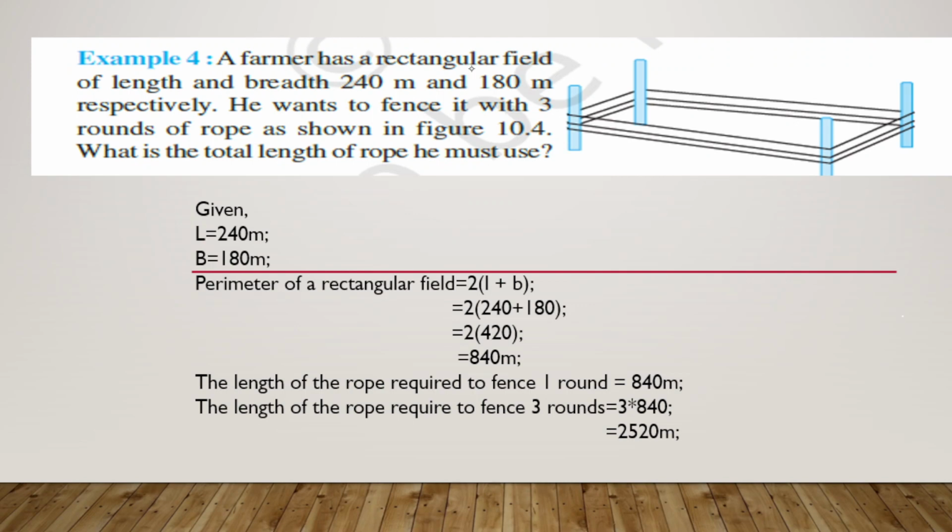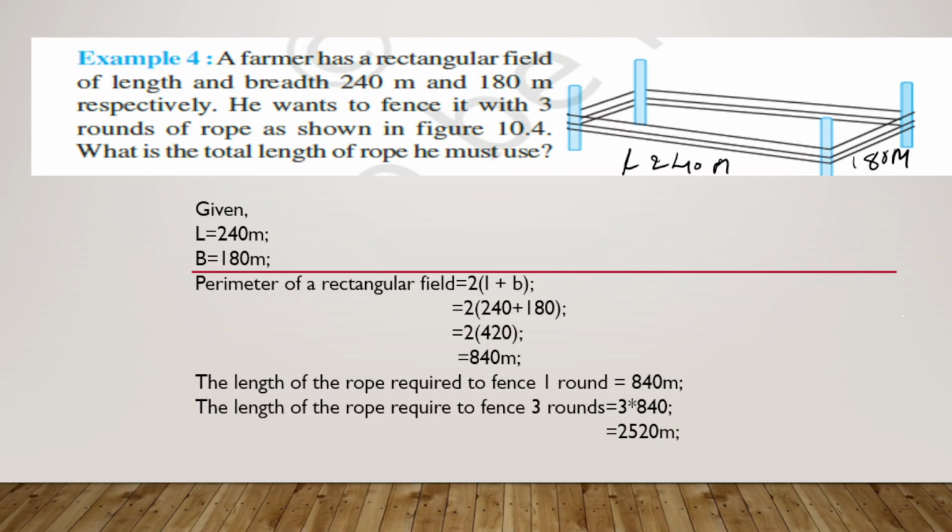Suppose a farmer has a rectangular field. Here the length was given as 240 meters and the breadth as 180 meters, and he wants to fence it with 3 rounds of rope as shown in the figure. So what is the total length of the rope he must use?